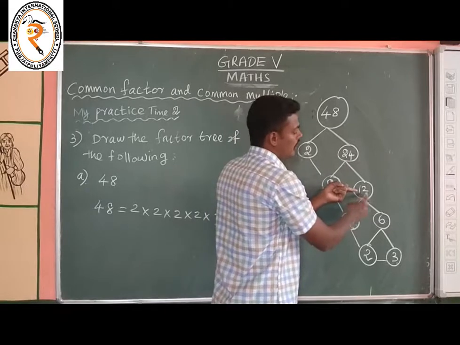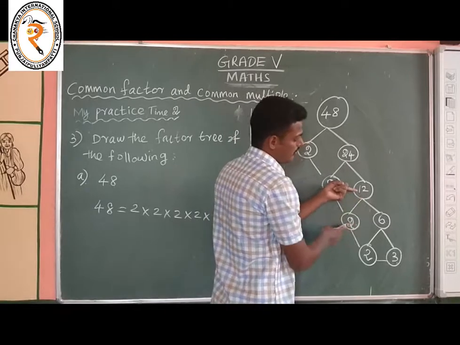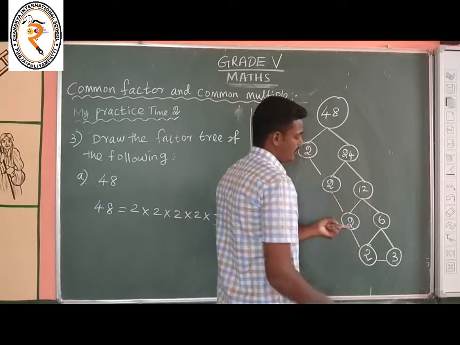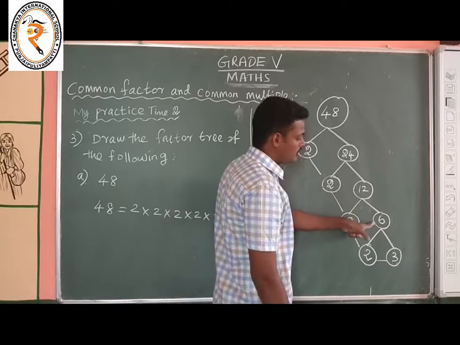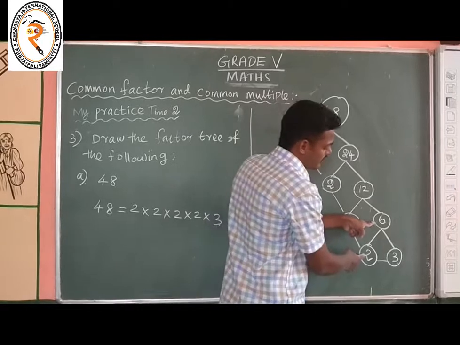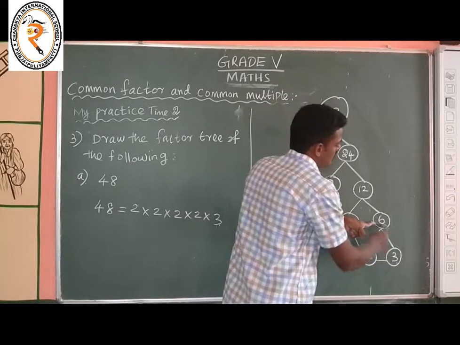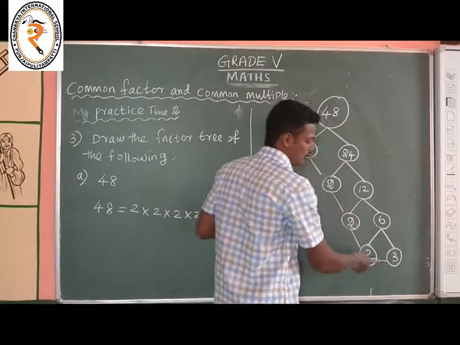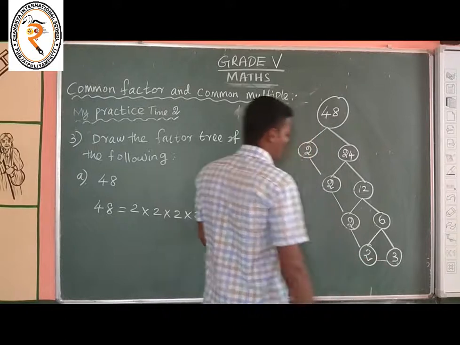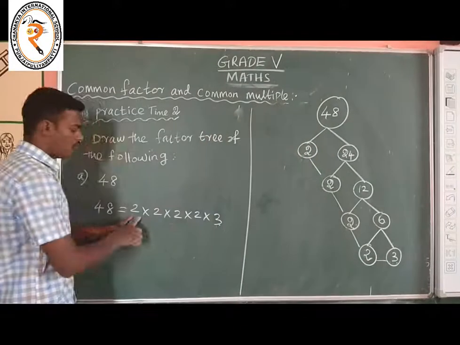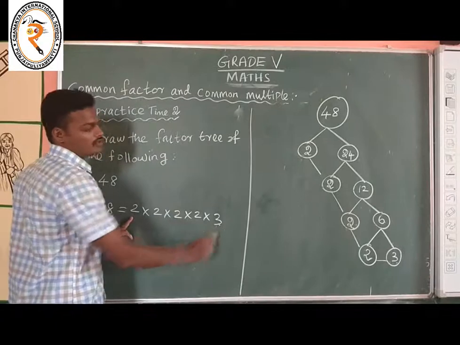Split 12. 2 6s are 12. 2 is a prime number. We split 6. 2 3s are 6. 3 is also a prime number. So 3 is completed. So our answer is 4 times 2 and 1 time 3.